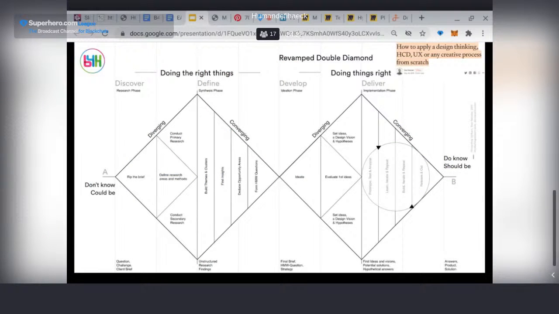This is one of the different, let's say, maps of how you walk through a complete design thinking process. This map is called the double diamond.